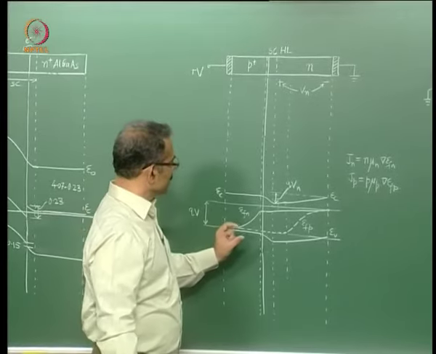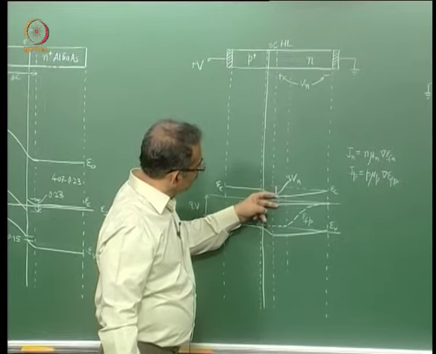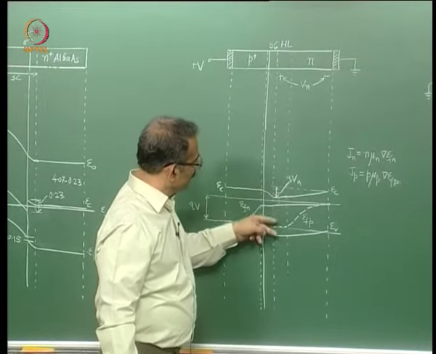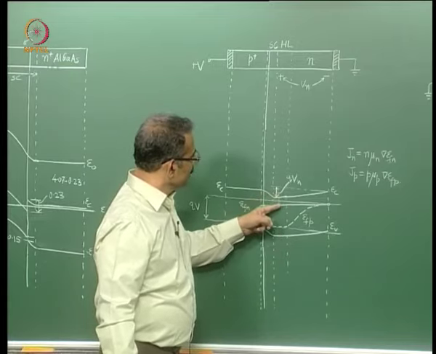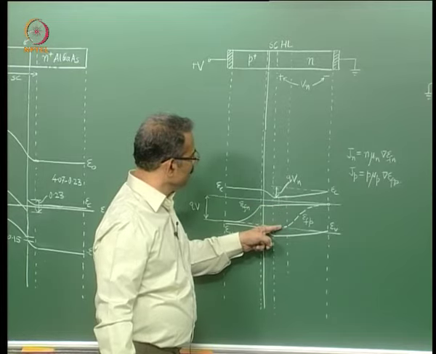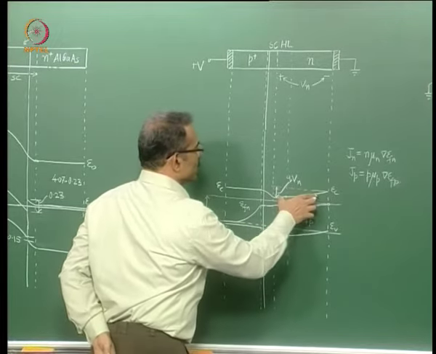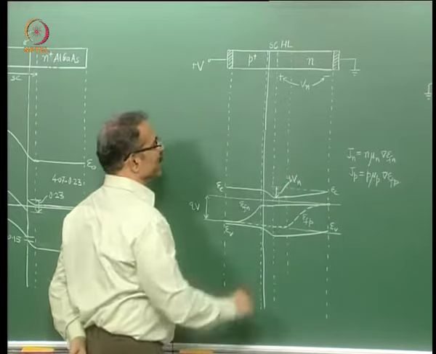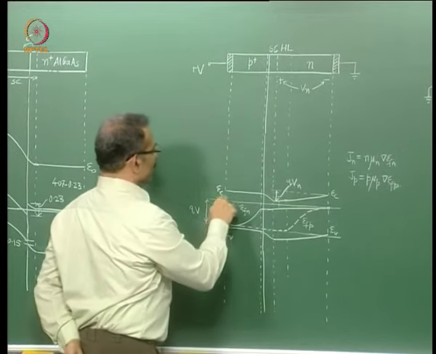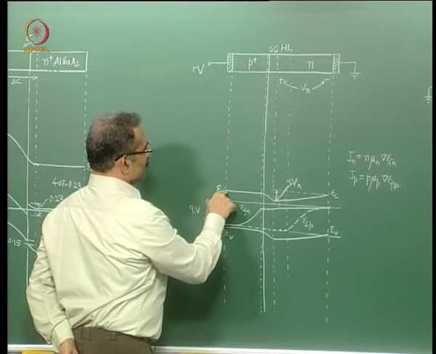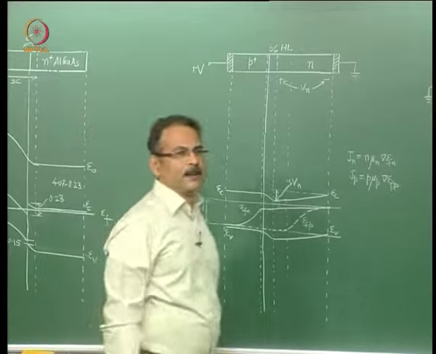High injection level conditions are represented by maintaining EFN as close to EC as EFP is close to EV, and EC, EFN, EFP and EV are all parallel to each other, and the total variation in EC over the neutral region represents Q times Vn. If this voltage drop is negligible, this EC would have been flat, as EC is in the P type region. Here there is no voltage drop, so it is flat.